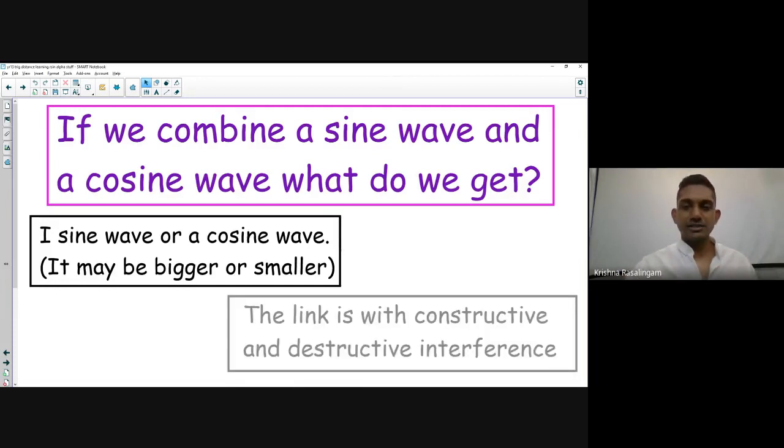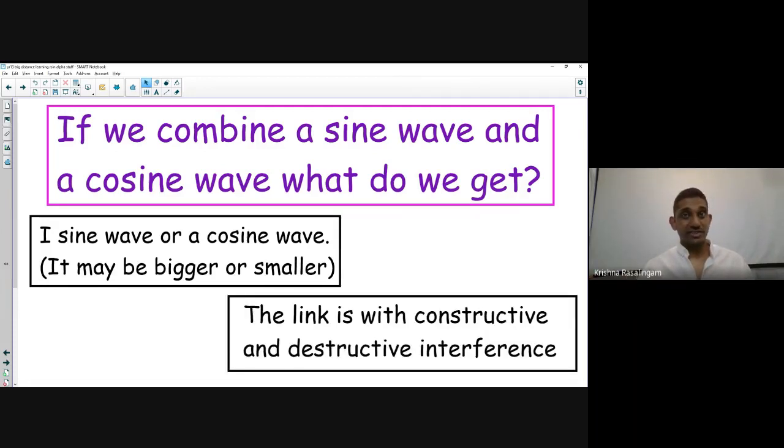Those of you who do physics will realise that the link is with constructive and destructive interference. So you might get two waves together, boom, it gets louder, or boom, it gets smaller. Either way, the waves change. If you think about a sine wave and a cosine wave, essentially the same thing, just moved over a little bit.